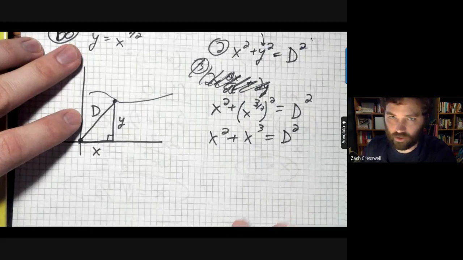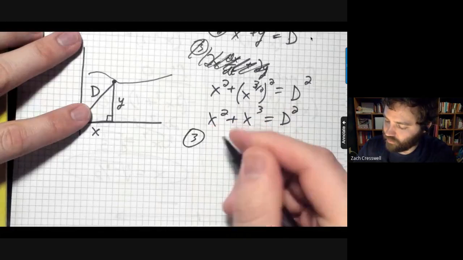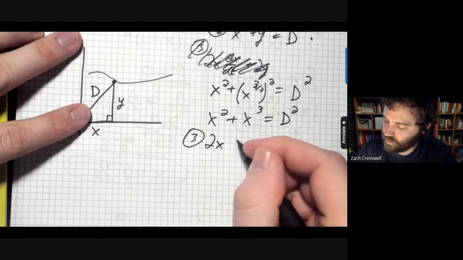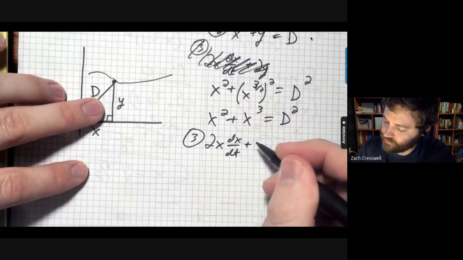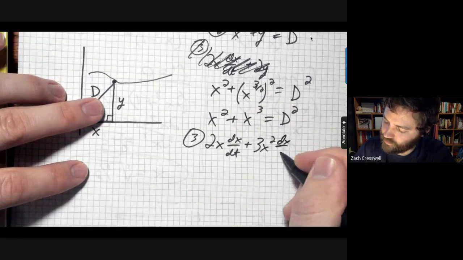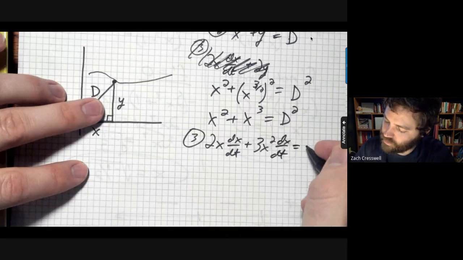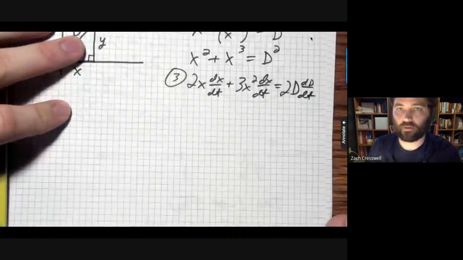There's not really anything we can do there; those are not like terms. Now we can go to step 3, which is take the derivative. So we've got 2x dx/dt plus 3x squared dx/dt equals 2D times dD/dt.